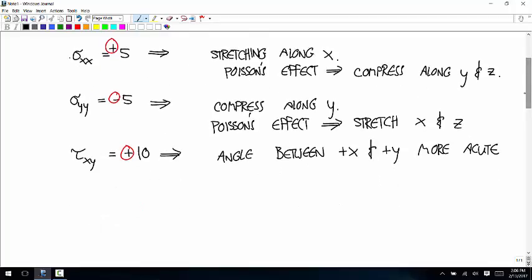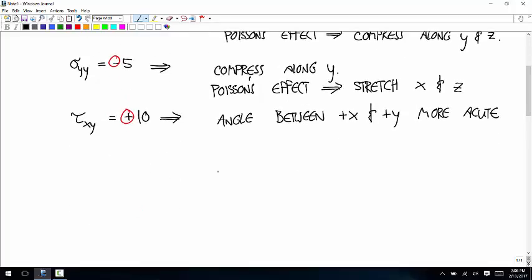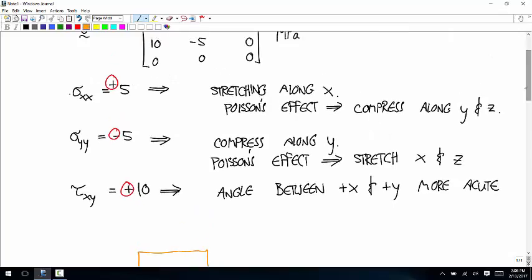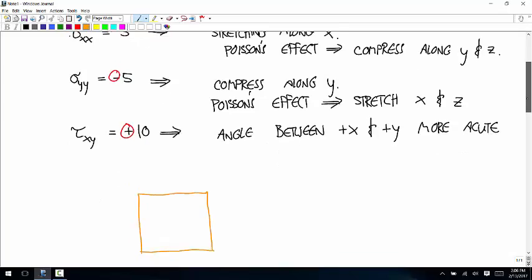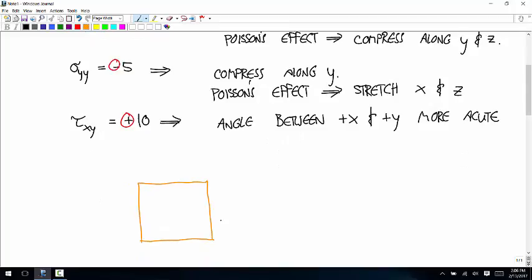Okay, so based on all this, if I say that this is the original shape of an element, what's going to happen along the x-axis? It's going to stretch due to this one. It's also going to stretch due to this one. So the new length is going to be stretched, right?